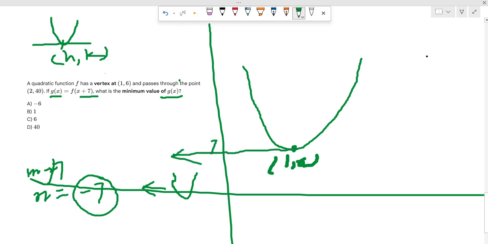But there will be no change in the value of y, because it hasn't shifted up or down, it is only left or right. So there will be no change in the minimum value, the minimum of g(x) and the minimum of f(x) are equal. Okay, so this should be C.